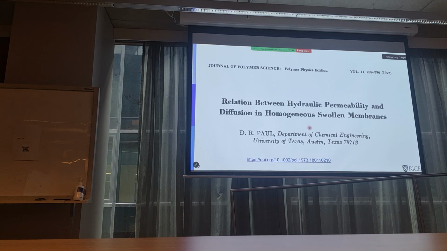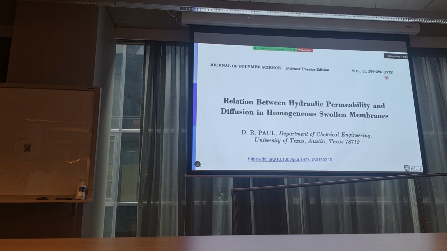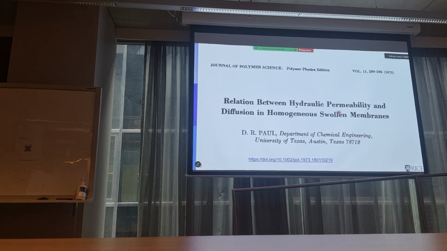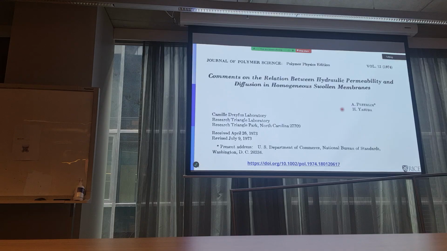So, indeed, when Don Paul published this paper, he later published many more papers in 1973, showing this concept of swollen rubber films and claiming that everything is by diffusion, and that hydraulic permeability is caused by diffusion. This brilliant guy, Pertolin, who passed away way back, was a brilliant polymer physicist.